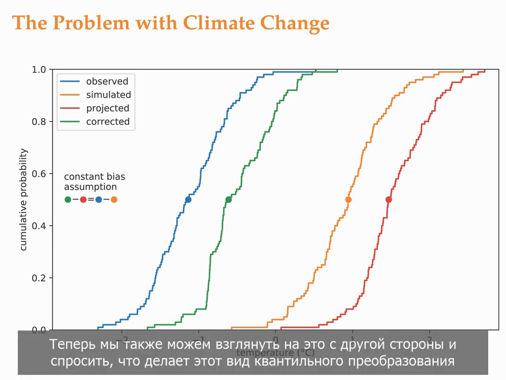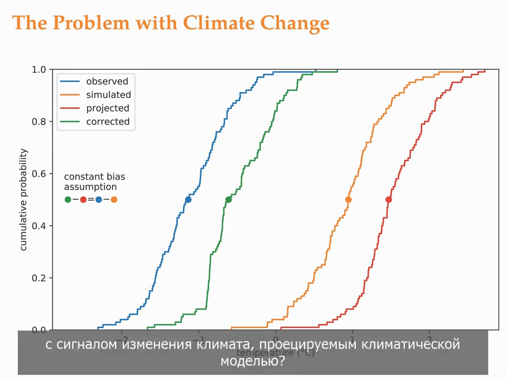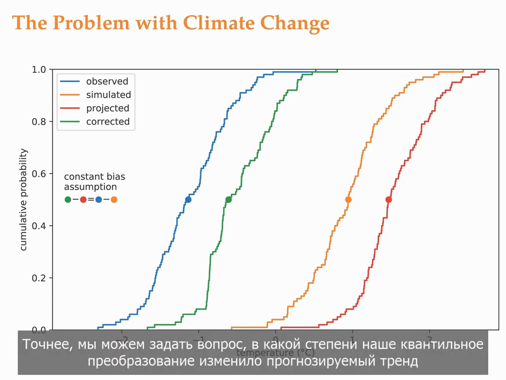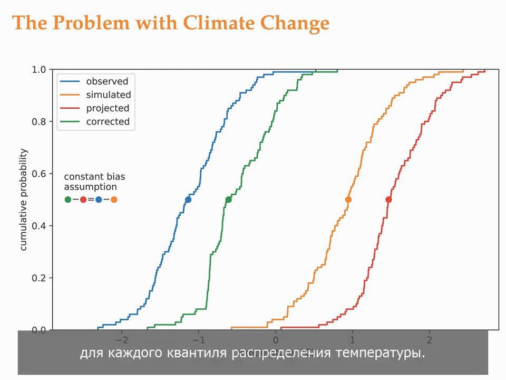Now we can also look at this from a different angle and ask what this kind of quantile mapping does to the climate change signal projected by the climate model. More precisely, we can ask to what extent our quantile mapping has changed the trend projected for every quantile of the temperature distribution.